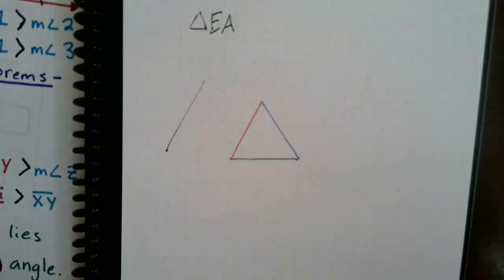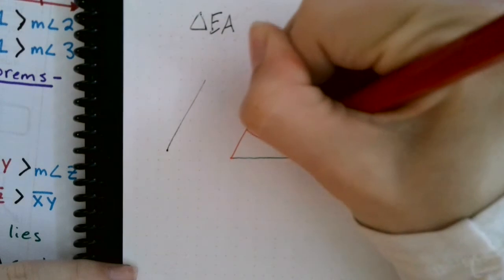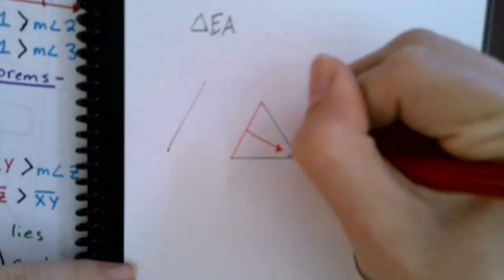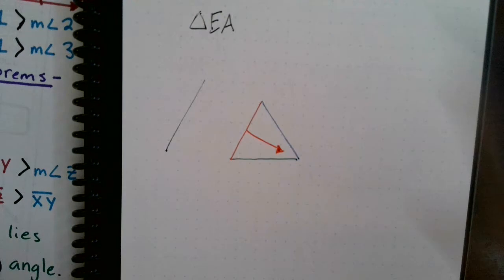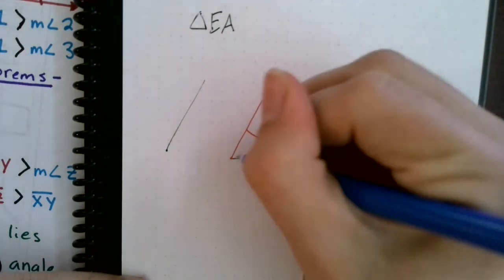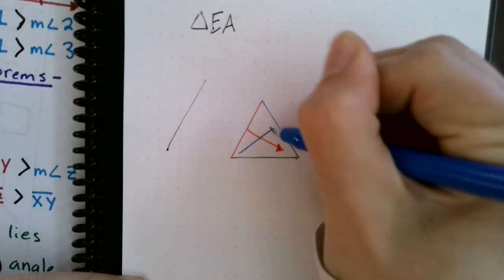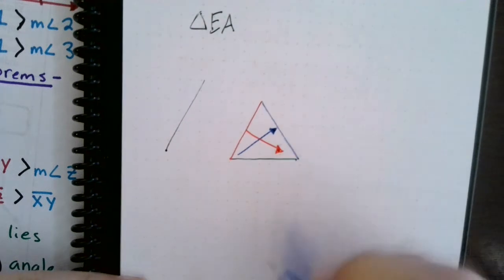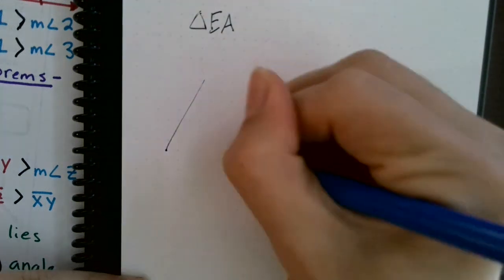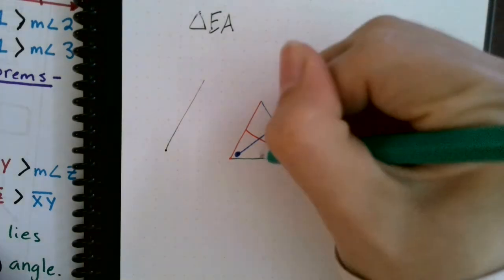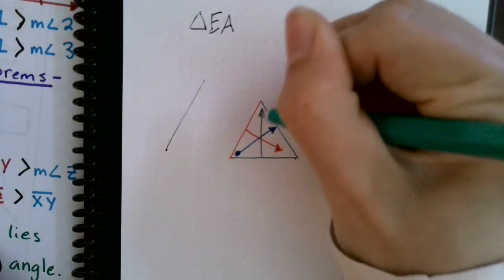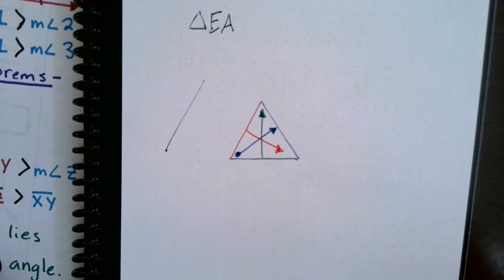The angle opposite of red, okay, is over here. This angle is opposite of red. And if we want to think about it like this, this side is opposite of this angle right here, that blue angle. Same thing right here. When we mean opposite, we mean across from, okay? So those are opposite of one another.